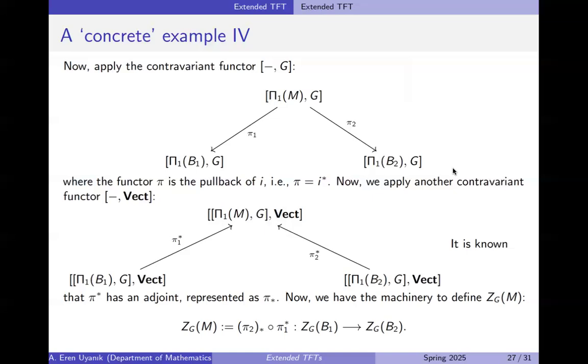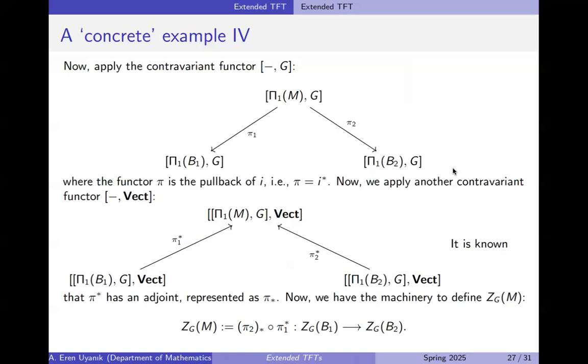Now, taking the composition of these maps, we send our cobordism to this. It's up to a natural isomorphism. You're taking pi one star with the adjoint, right? Yes, with the adjoint, so it will be like a triangle.